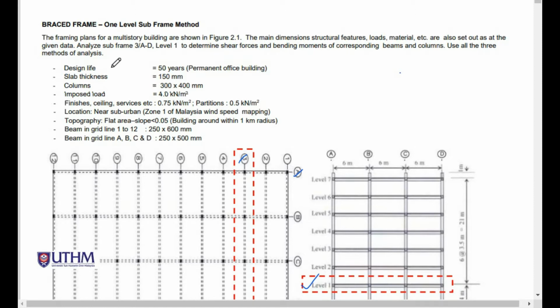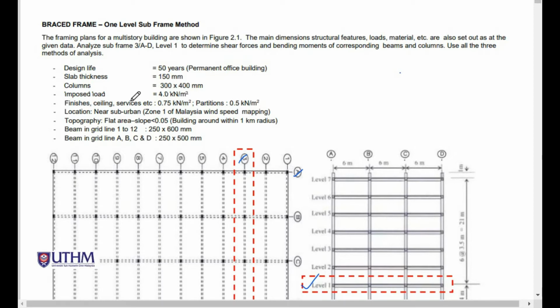Okay, so given the data here, the design life for this multi-story building is 50 years and it is constructed for a permanent office building. The slab thickness is 150 millimeter. Column size is 300 by 400 millimeter. The QK given is 4 kilonewton per meter square.